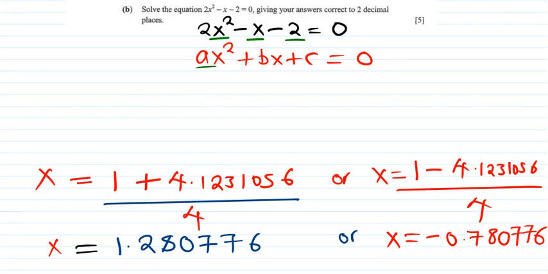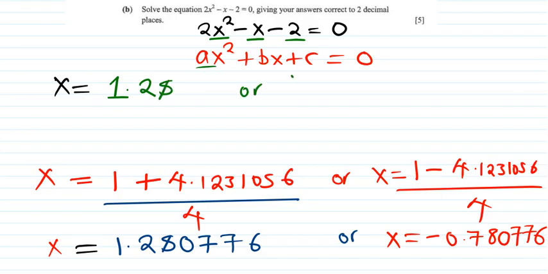Okay, now this is where we need to pay attention to the instructions in our question. The instructions are giving your answers correct to 2 decimal places. Okay, so let's check where our decimal place is. It's at that point, so just 2 decimal places from here, 1 and 2. So that would mean we have 1.28.